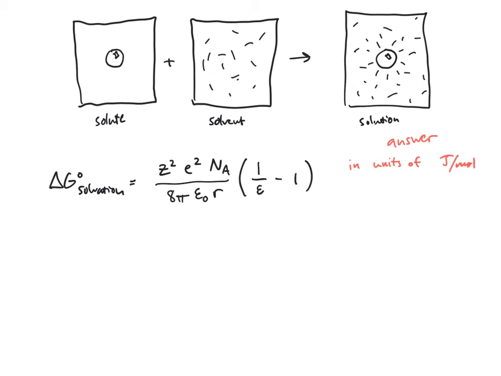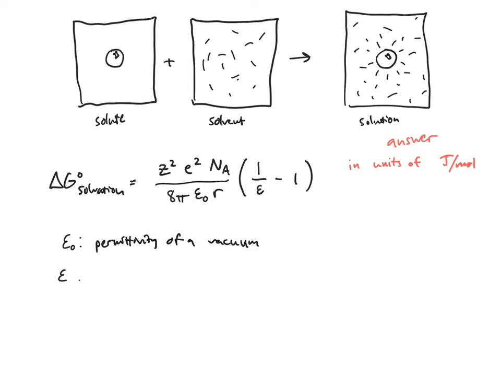Okay, let me explain what some of these other constants are. This epsilon naught is a universal constant, and you can find the value in the front of your book. It's called the permittivity of a vacuum. And what is that one? That constant tells you that if you have two charges separated by a certain distance, what's the force that those charges feel?